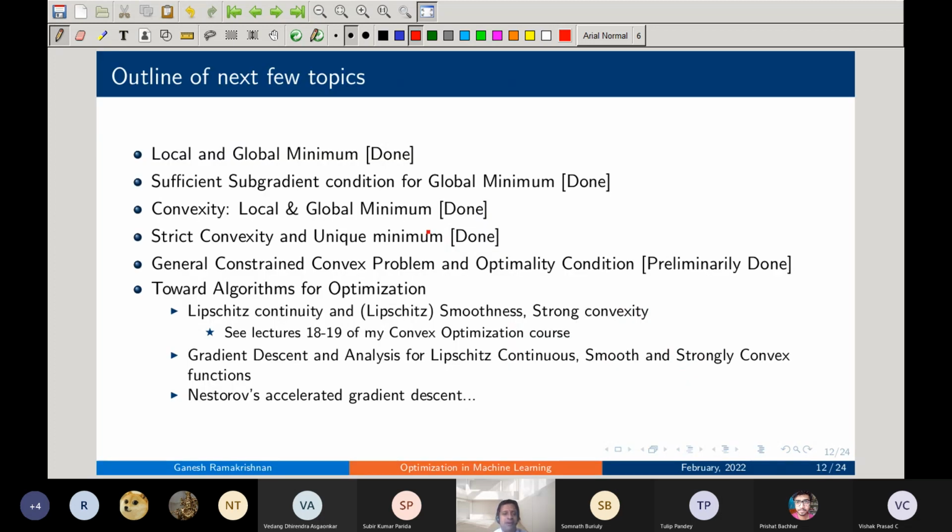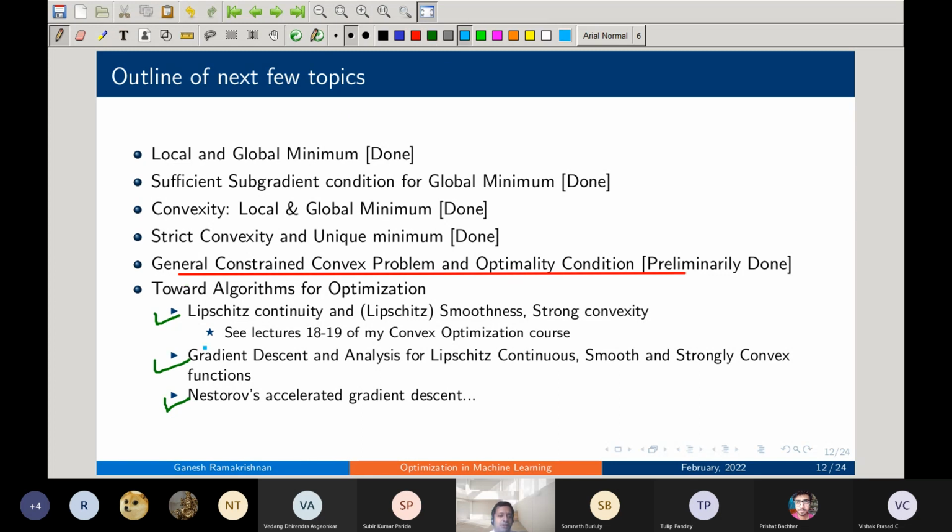Now see, our discussion on the general constraint or convex optimization optimality condition was very preliminary. We'll delve into this a little later. But now I want to get equipped, even in the unconstrained case, to deal with algorithms and their convergence. So I'm keen to get to Lipschitz continuity, finish gradient descent analysis, and Nesterov, and then after these we will revisit.